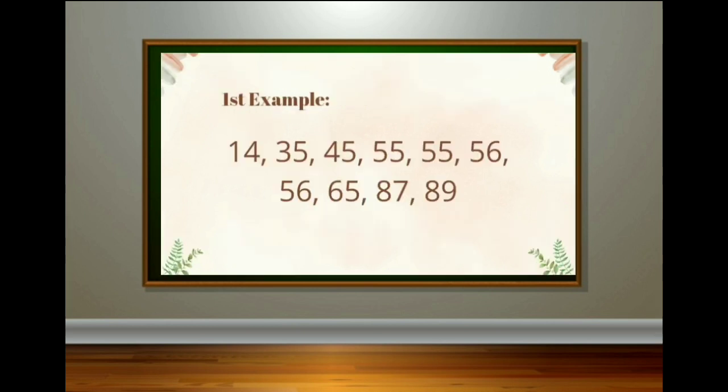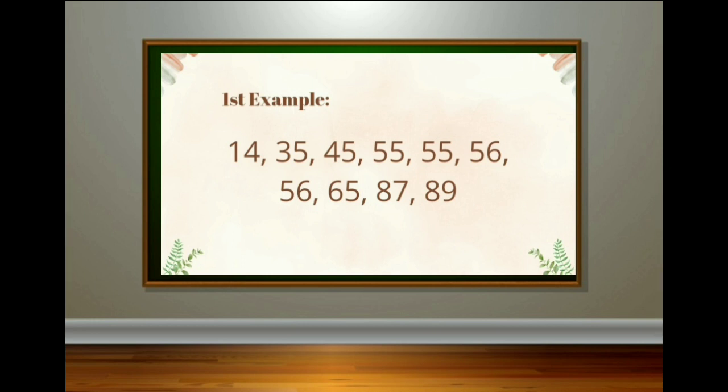So we have here 14, 35, 45, 55, 55, 56, 56, 65, 87, and 89. So as we can observe in the data set, there are two numbers that repeat, right?